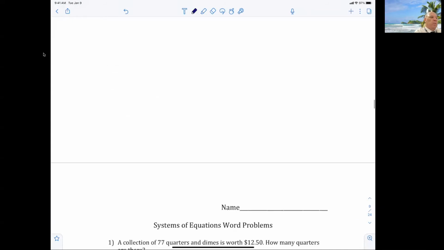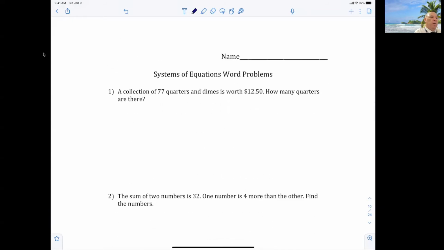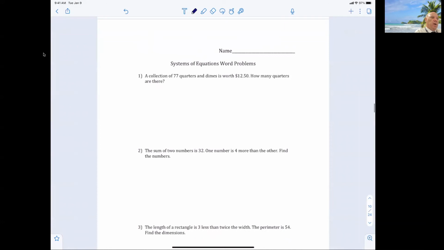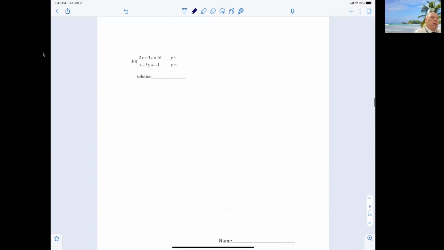Then tomorrow we'll get into just reviewing the word problems that you'll be seeing, and that we're going to use a calculator because I don't want to mess with the arithmetic so much. But again, you need to be experts at solving systems of equations. So that's what you're reviewing today.